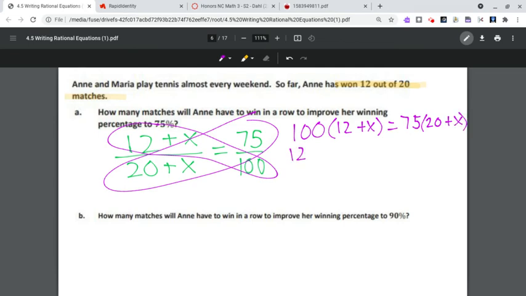Distribute: 1,200 plus 100X equals 1,500 plus 75X. Variables to one side, numbers to the other.